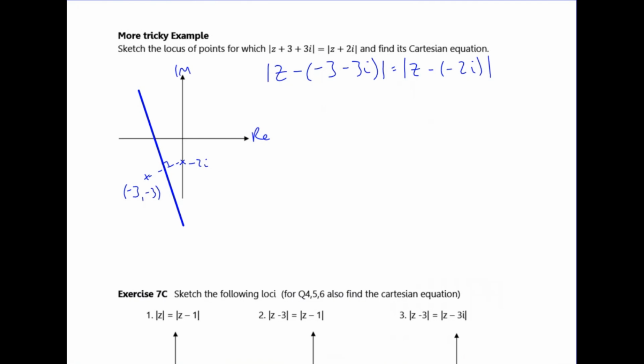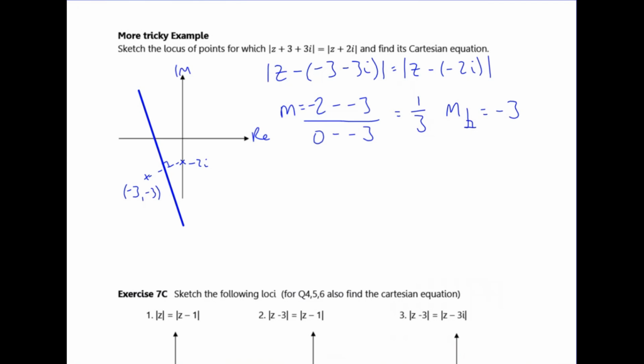We'll work out the equation of this in the same way as you would in Cartesian coordinates. So we'll find the gradient of the segment joining those two points, we'll find the midpoint and go from there. The gradient between those two points is change in y over change in x, so make sure you're consistent with that. I've started with minus 2, 0 minus 2, which will give us a gradient of a third.